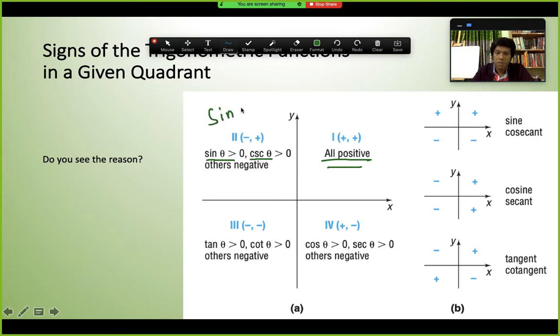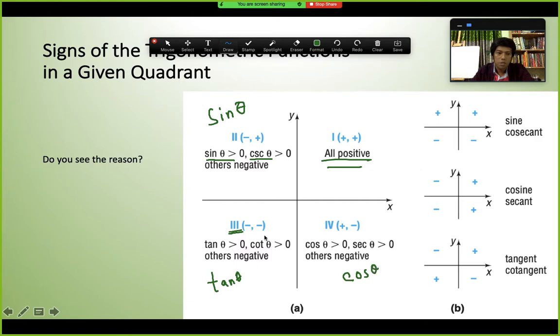If sin theta is positive in any quadrant, since cosec theta is the reciprocal of sin theta, cosec theta will automatically be positive in that quadrant. In the third quadrant, tan theta is greater than 0, that means tan theta is positive. Since tan theta is positive, cot theta will also be positive because they are reciprocals of each other. Then cos theta and sec theta are positive in the last quadrant.